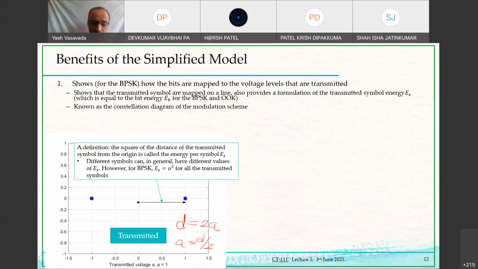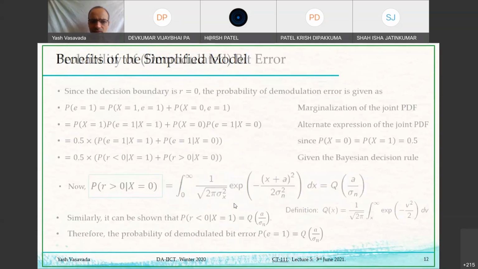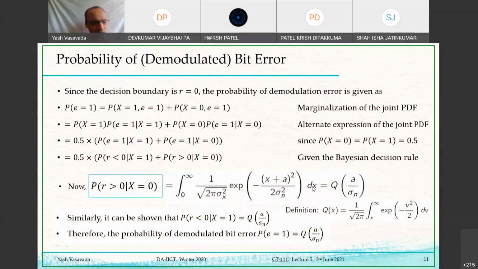The other interesting part is that you see on the previous slide here, we derived the expression for the error probability as Q of A divided by sigma n, but this I can also write as Q function of, in terms of distance, Q function of distance between the 2 points.